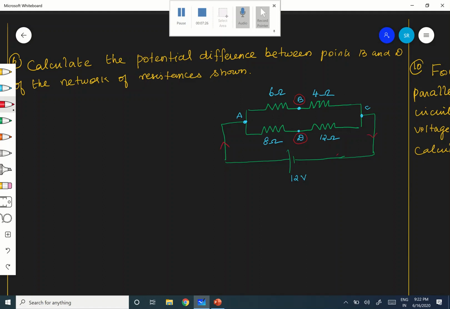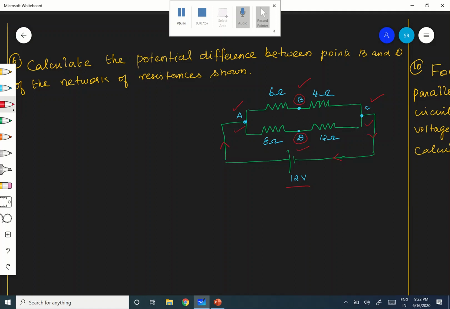Now let's see the potential difference across A, B, C and across A, D, C. It should be equal to 12 volt because both are in parallel.